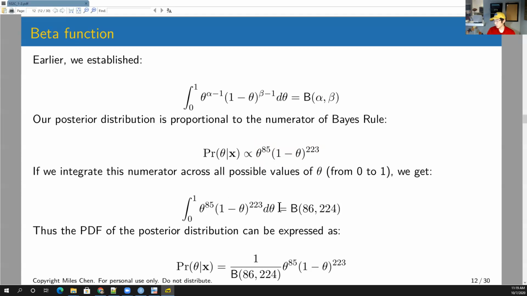So the normalizing constant is going to be this function, and the PDF of the posterior distribution is going to be 1 over beta(86, 224) times theta raised to the 85, 1 minus theta raised to the 223. Okay, and maybe I'll just pause here and make sure this makes sense and is good with everybody.